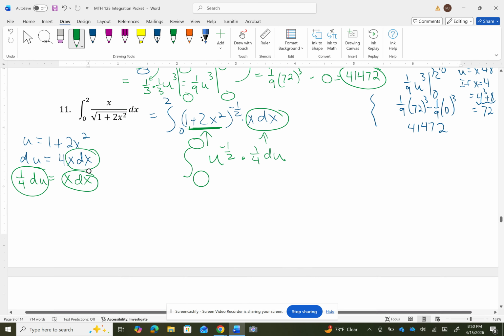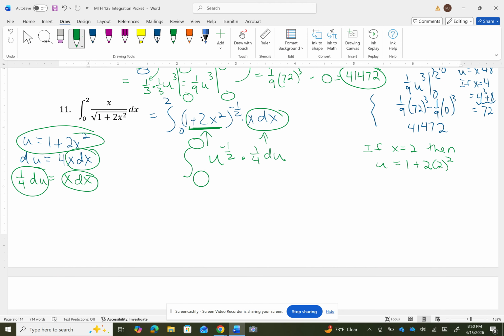Let me try showing you again how to get those limits of integration changed. So if x were 2, then u would equal 1 plus 2x squared with a 2 where the x was. So that would be 1 plus 2 times 4, 1 plus 8, which is 9.